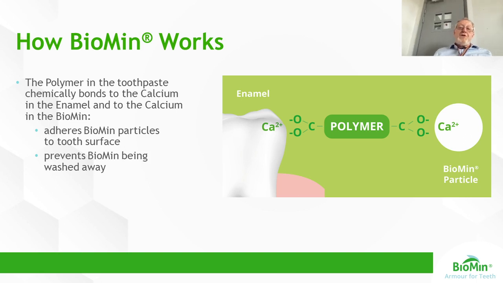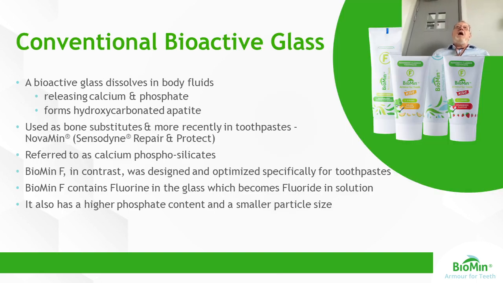The big difference is that we have fluoride actually in the glass with the BioMin F, but it also has a higher phosphate content within the glass. And we need a higher phosphate content to drive that remineralization process and to form more apatite.